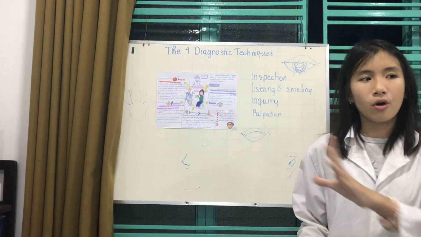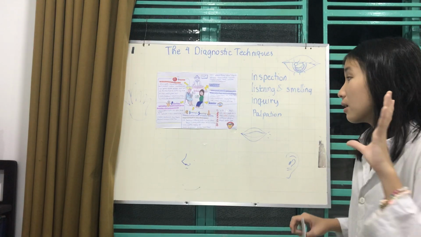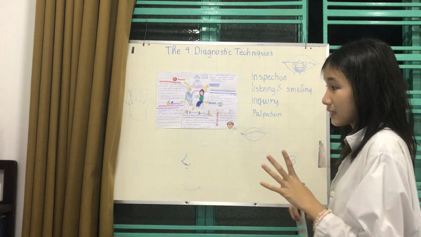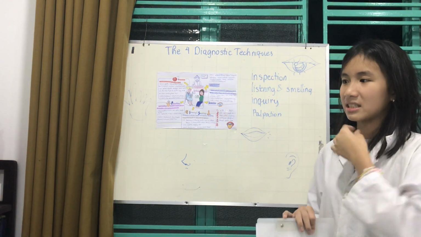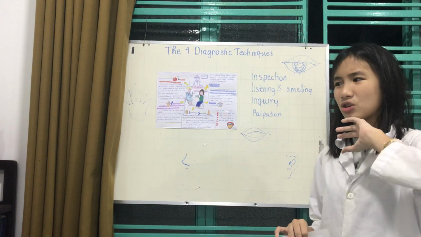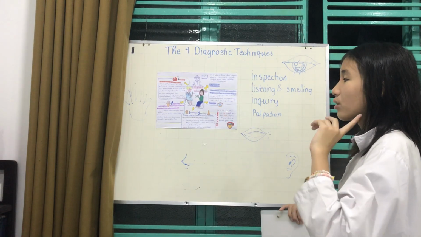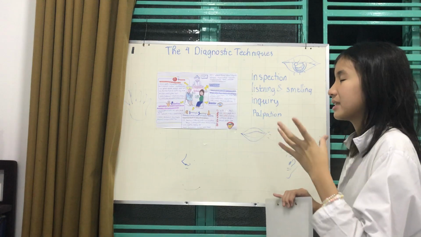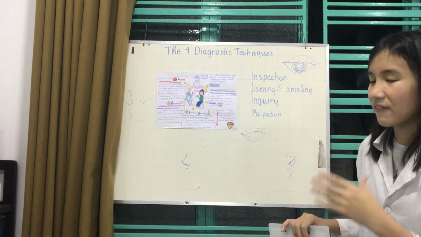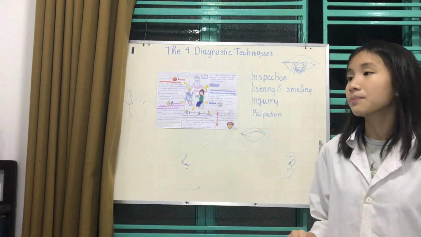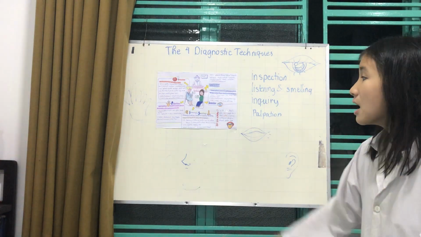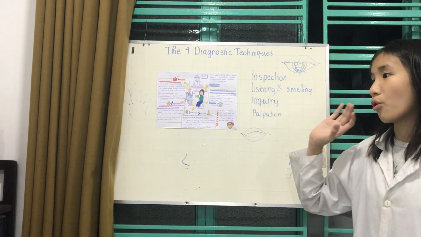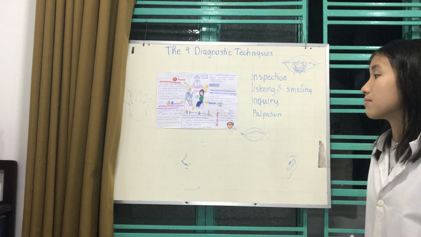So, for example, the breathing with a wheezing sound can indicate asthma, and phlegm, which is that sticky substance in your throat, with a stinky smell can indicate that you have an abscess in your lungs. So an abscess is like an infection area in your lungs. Those are some of the examples for some cases of listening and smelling.